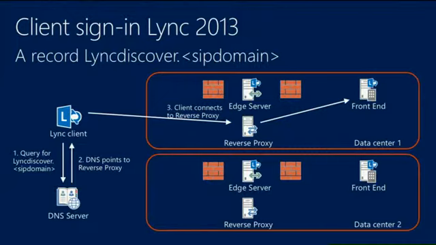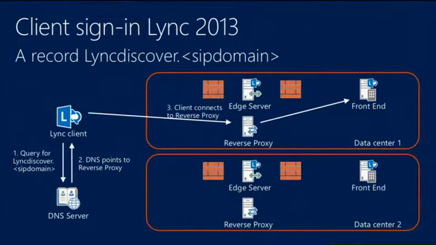I authenticate myself as tbinder@microsoft.com, and the web service now returns to my client what is the edge server that is associated to the pool I'm hosted on. So if I'm a user in data center 2, I would be hosted on the front-end server in data center 2, and to this front-end server, the edge server in data center 2 would be assigned as the AV edge server.